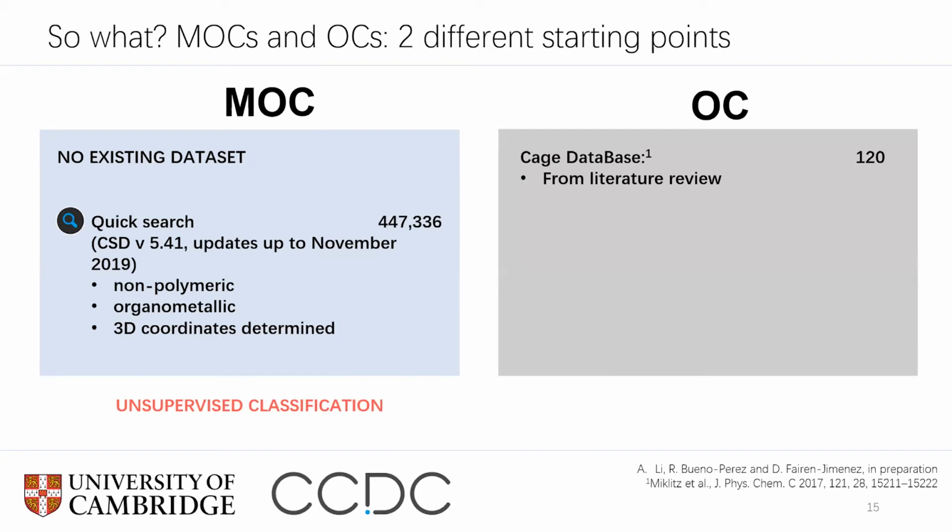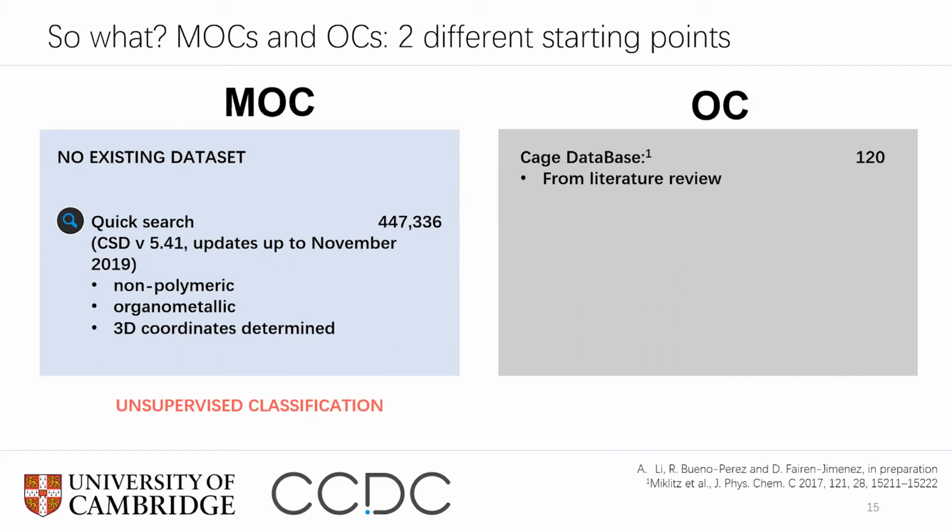On the organic cages, however, there is some literature on cage data sets. Particularly there's actually only one, which is called the cage database, developed by Kim Jelfs at Imperial. It contains 120 organic cages, and that also contains cyclodextrins and cryptophanes, for instance. It was very much targeted for xenon-krypton separation, and they were all obtained from a literature review.